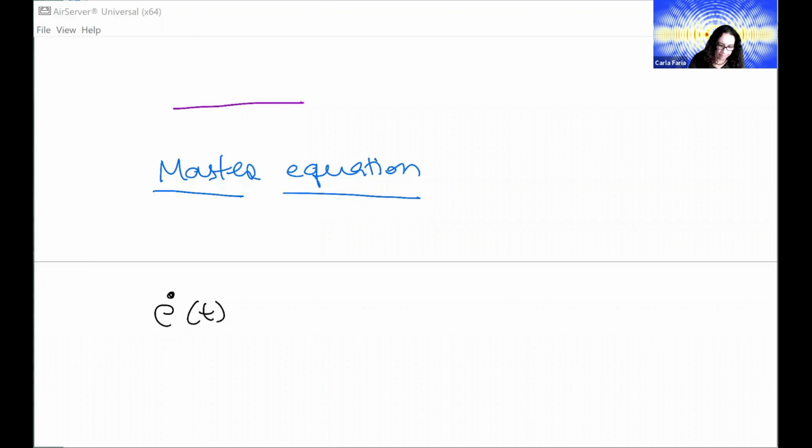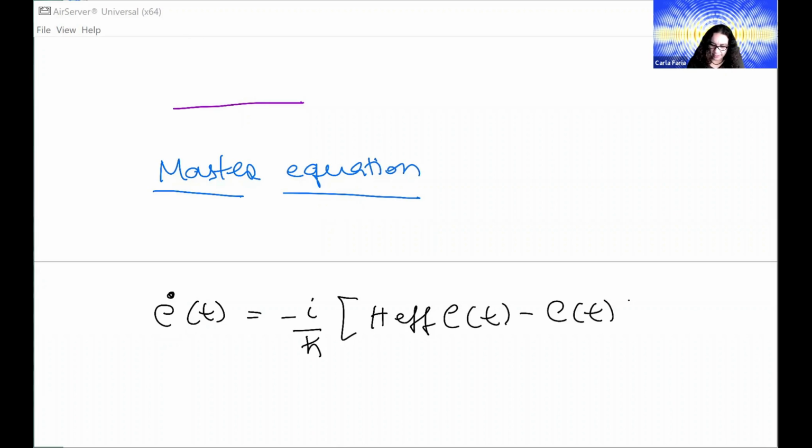rho dot t is equal to the super operator, which is going to be H effective rho t minus rho t H effective dagger plus L rho t L dagger.